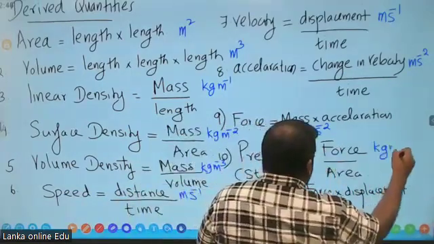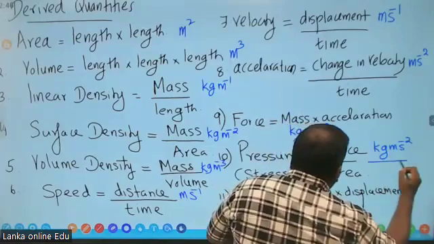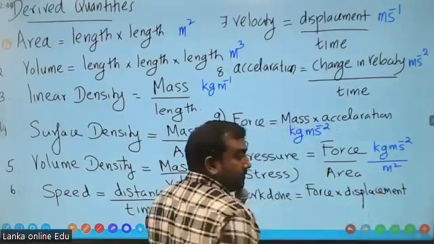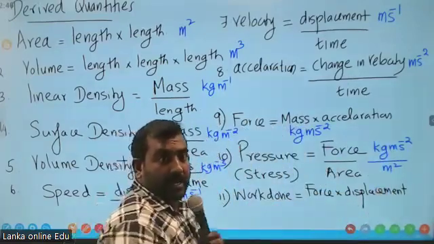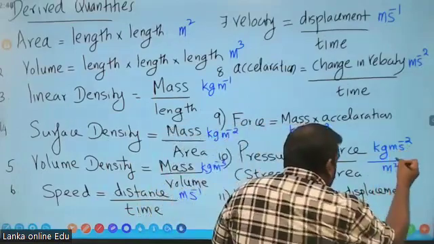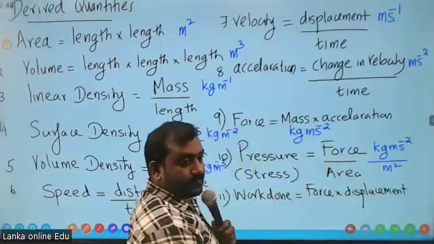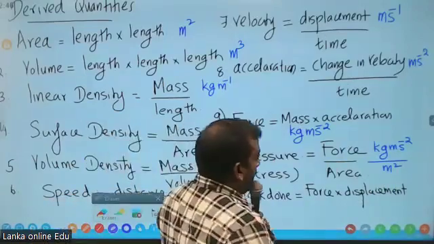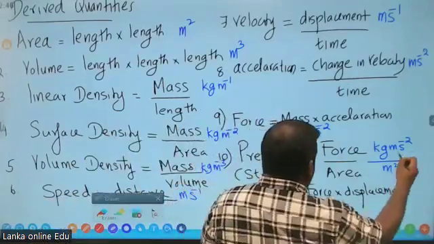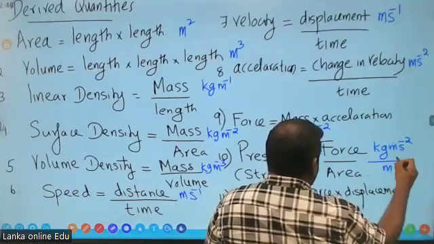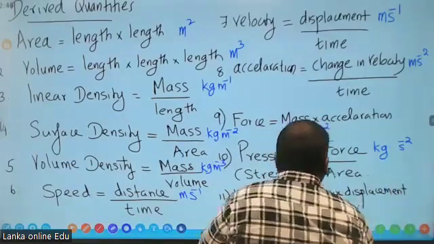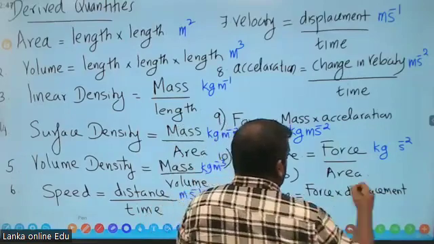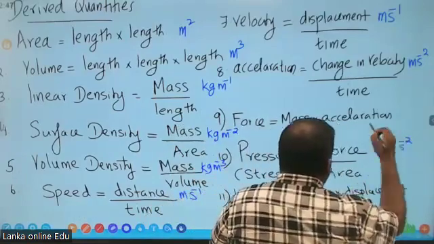Force is kg m s-2 divided by meter squared. 1 meter you can cancel. Bottom to the power 1, take on top to the power minus 1. So here you will get kg m-1 s-2.